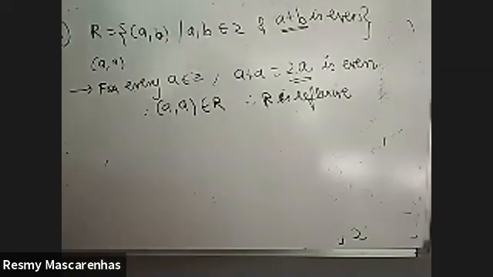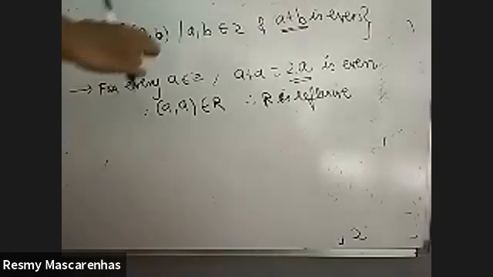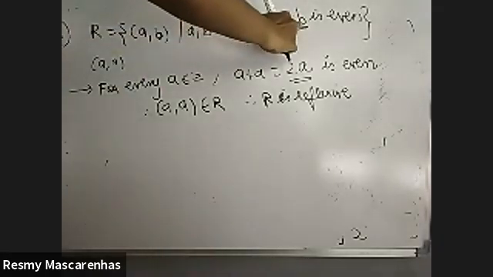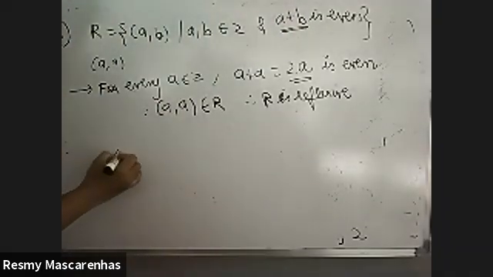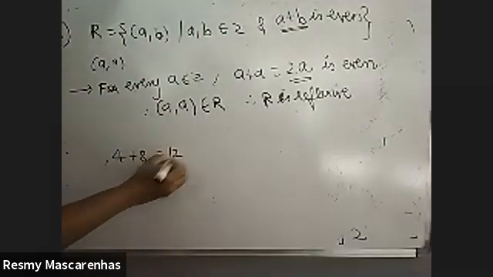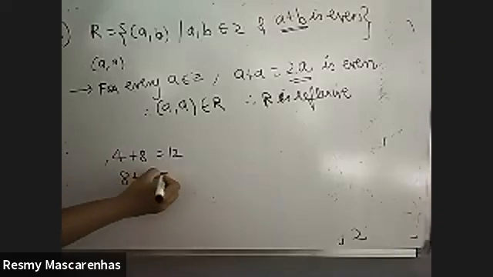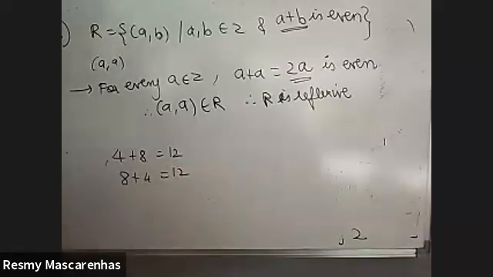Then check for symmetry. Obviously, if A plus B is even, then B plus A also will be even. It's like 4 plus 8 is 12, then 8 plus 4 also will be 12 only, so you know that it is going to hold true. So it is symmetric.